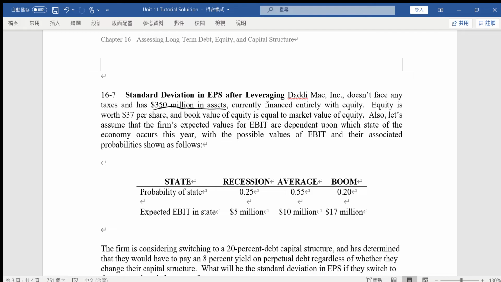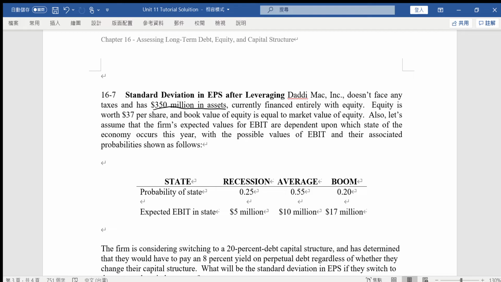And also, let's assume that the firm expects the value of the EBIT to depend upon which state of the economy occurs this year, with the possible values of earnings before interest and tax and the associated probabilities shown below.